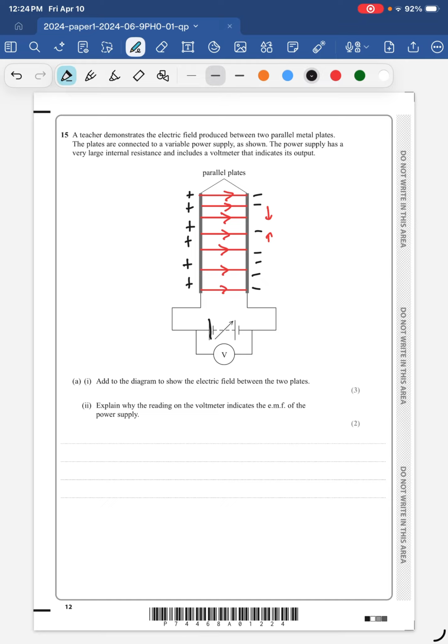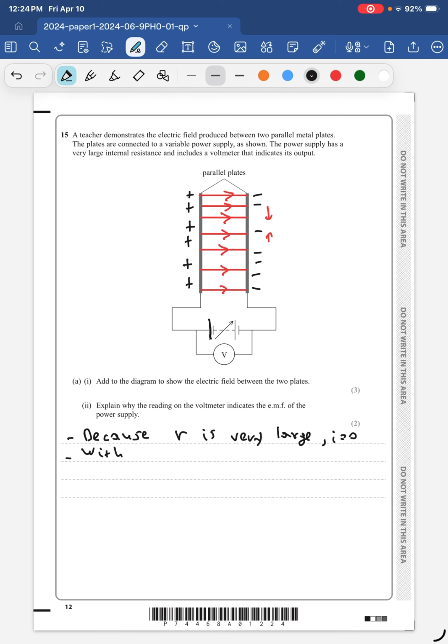Part 2. Explain why the reading on the voltmeter indicates the EMF of the power supply. We can write that because R is very large, I is 0, so no current in the circuit.